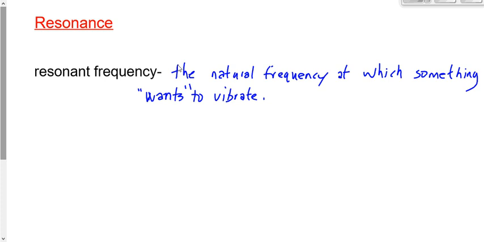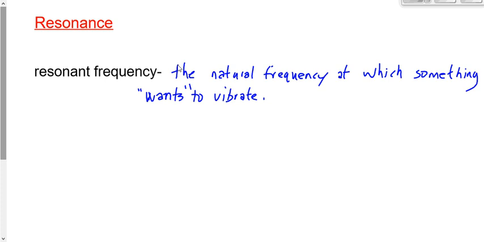If I knock on your desk, you hear a sound. That's because the desk vibrates at a natural frequency. It has a natural frequency at which it will want to vibrate, and that's the sound that you hear. If I knock on the board, it's a different sound. It's because the board has a different natural frequency at which it wants to vibrate.